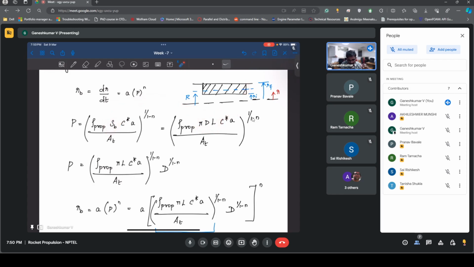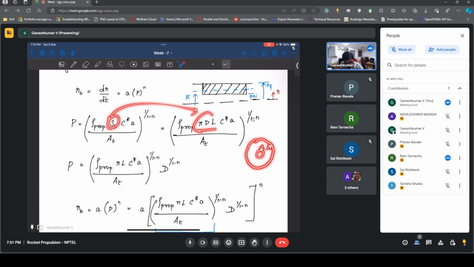The same goes for one of your assignments that had two cylinders. There is one cylinder and there is another cylinder. One is regressing inside, the other one is regressing radially outside. So at that time you need to take both of them into account while writing this.